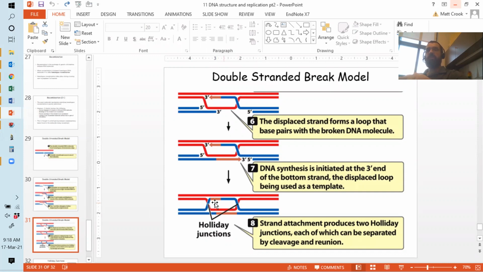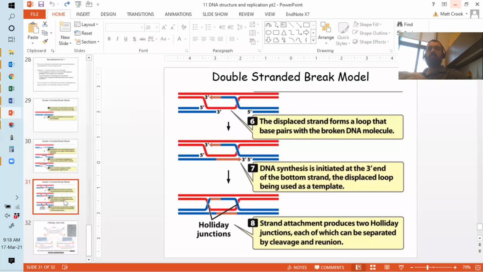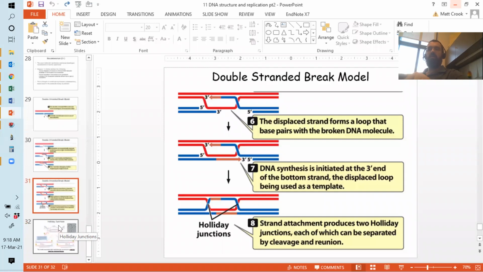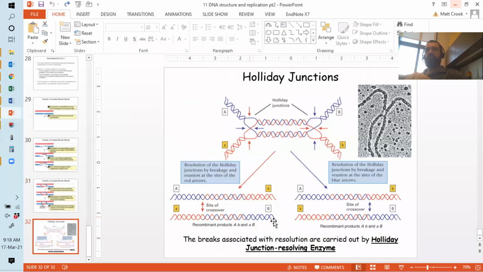And these are now joined together. These are called Holliday junctions, right? And these have to be cut. Otherwise, these 2 chromosomes can never come apart, right? And this is done by what are called Holliday junction resolving enzymes, right?